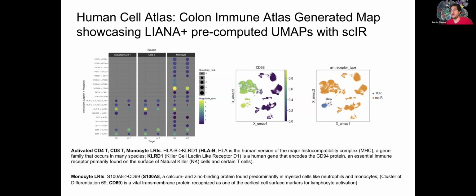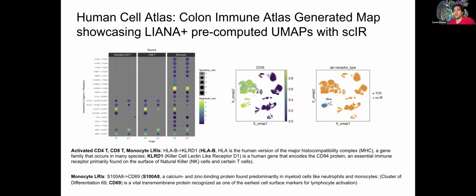So the interaction of HLA-B and KLRD1 with activated CD4 T cells happens with NK cells and gamma delta T cells. The CD8 T cell also interacts with NK cells and gamma delta T cells. We see more activation with the NK cells in this interaction, and that's true for the monocytes as well.